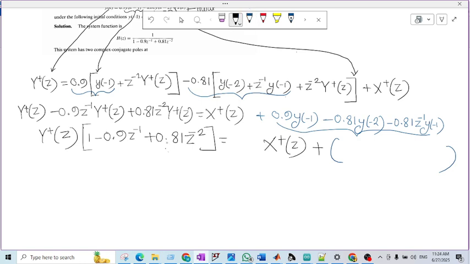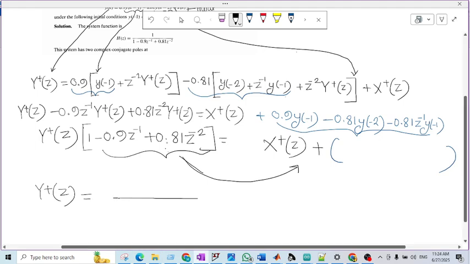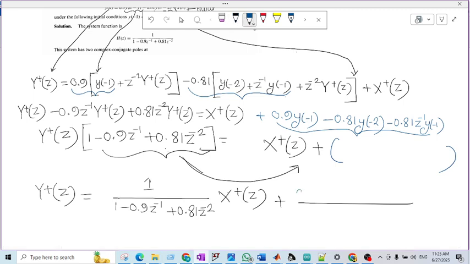Now you have to divide this thing. You have to take this thing to the right hand side. So you will get Y plus (z). First let's write X plus (z) times its coefficient, which is 1 by 1 minus 0.9 z inverse 1 plus 0.81 z inverse 2, and then you have to write the contribution of initial conditions.